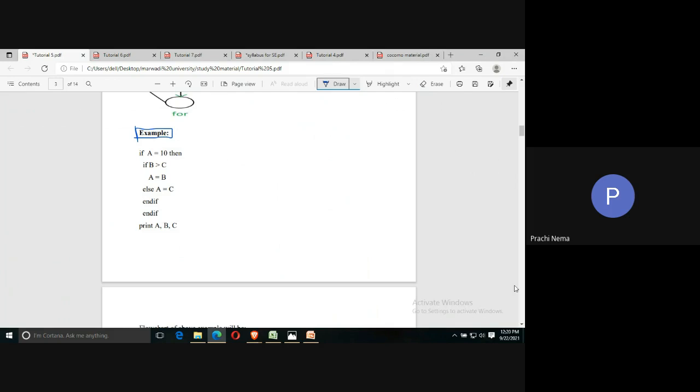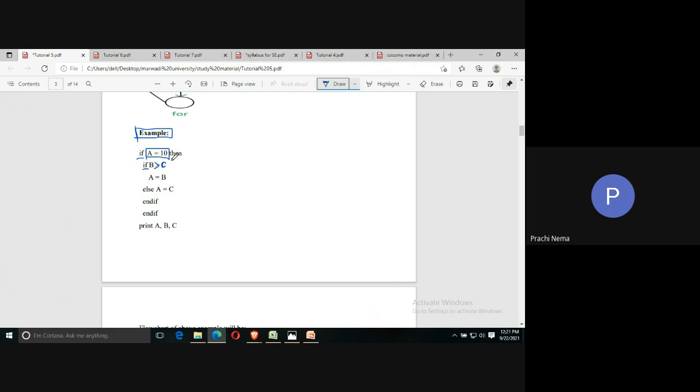See now, if you take this example here, if A is equal to 10, see here nesting of if is done. There are two ifs. So if A is equal to 10, then what we have to do? B should be greater than C. Now, because here assignment is being done, the only possibility is of the if becoming true.